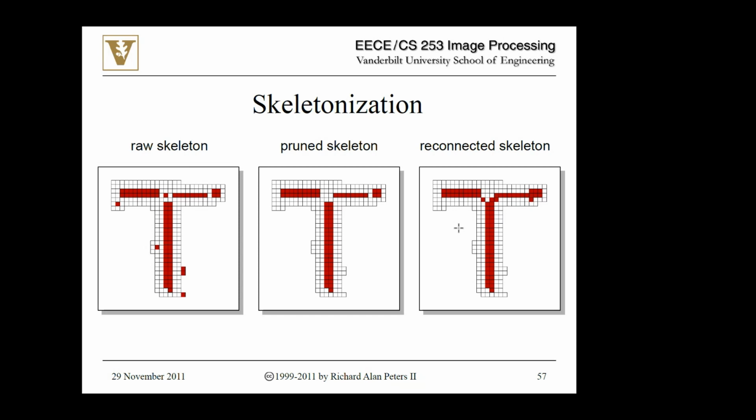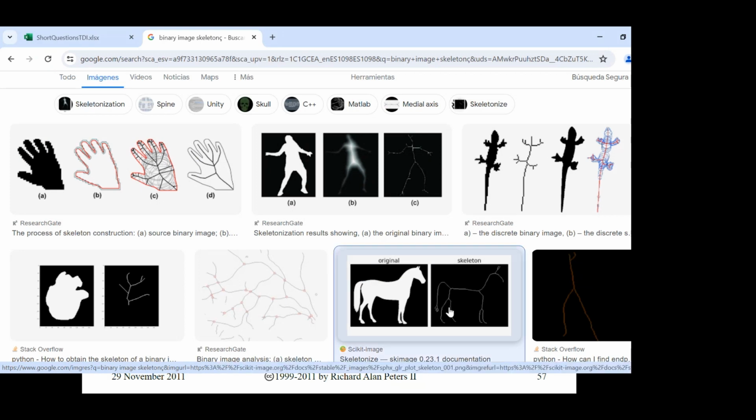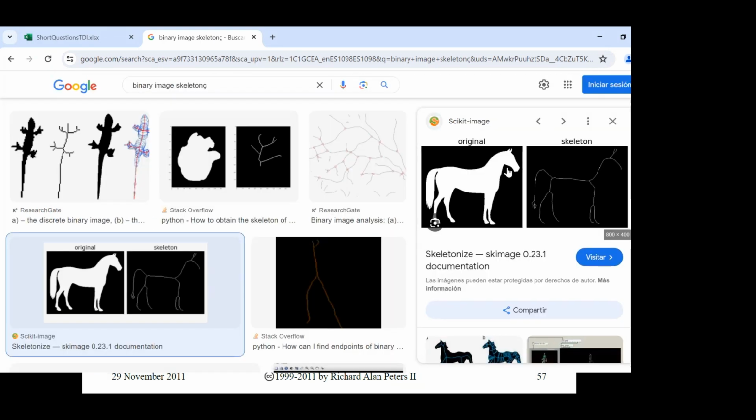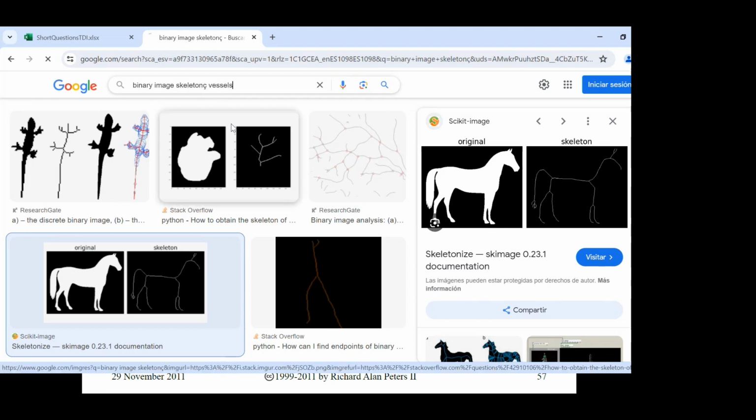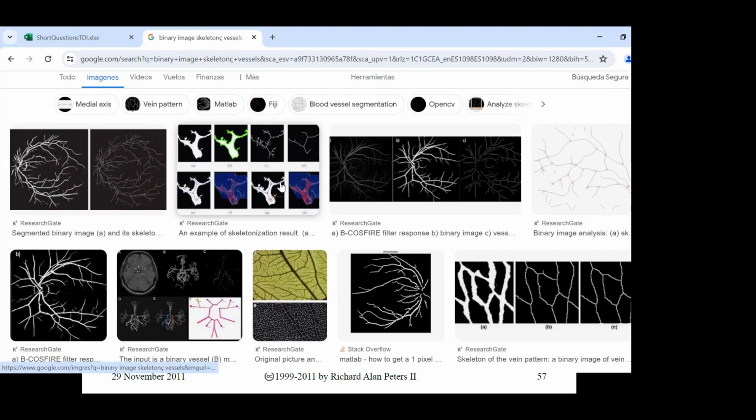But with these, you can do this kind of stuff. You apply this. So for instance, here, it is very typically done.